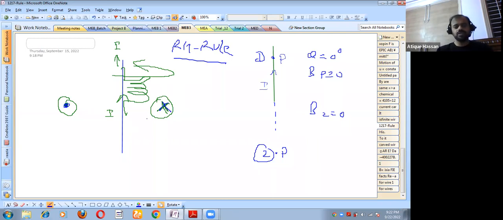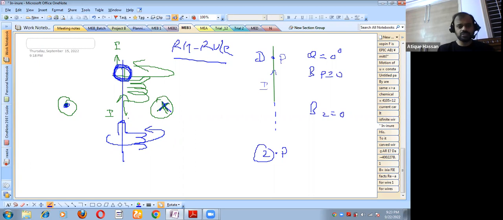You can also find it this way: place the thumb of your right hand along the current in the wire, and curl your fingers like the way I have given the arrow.